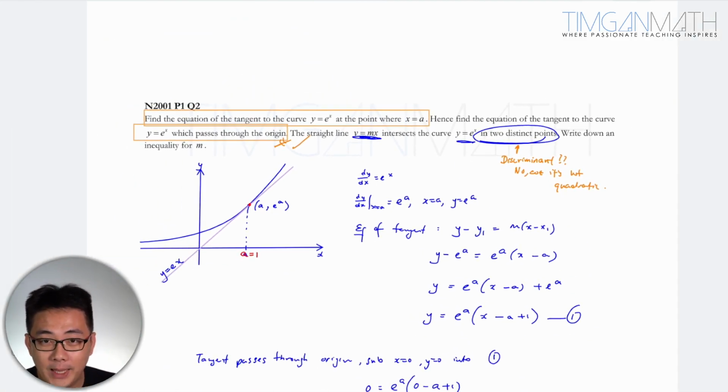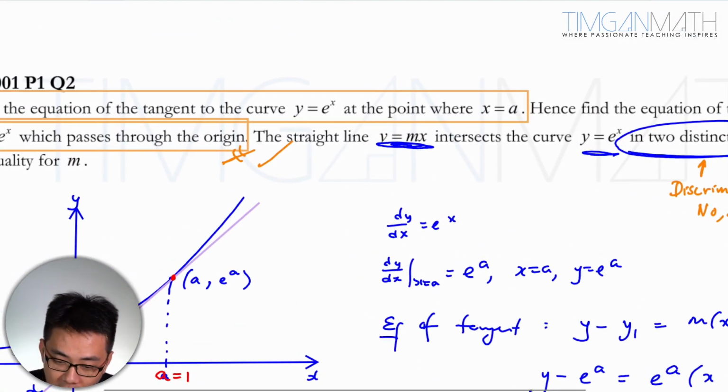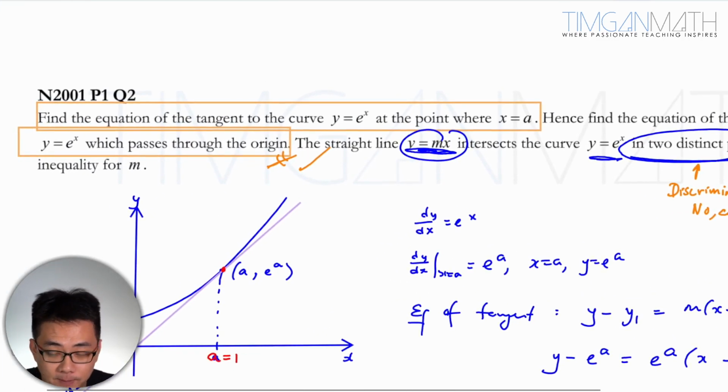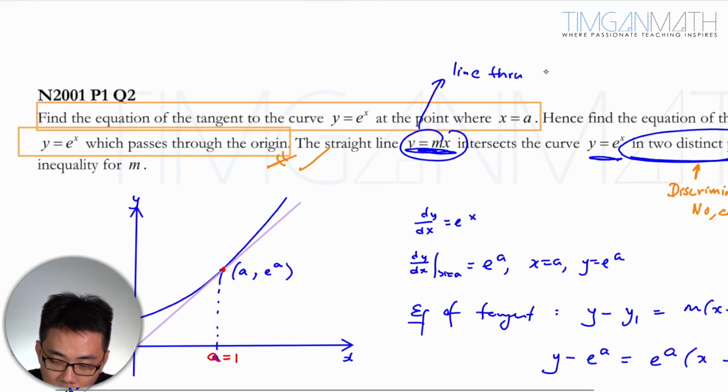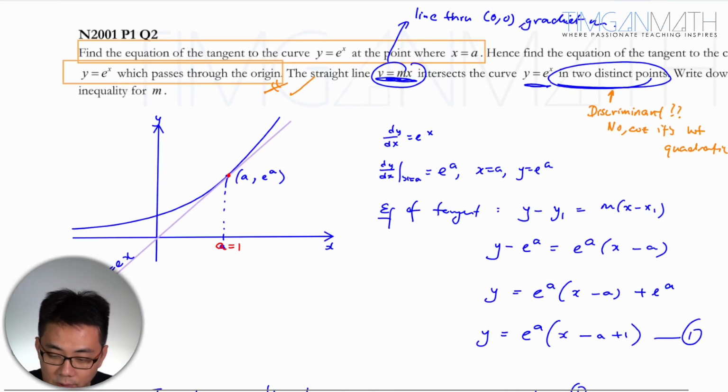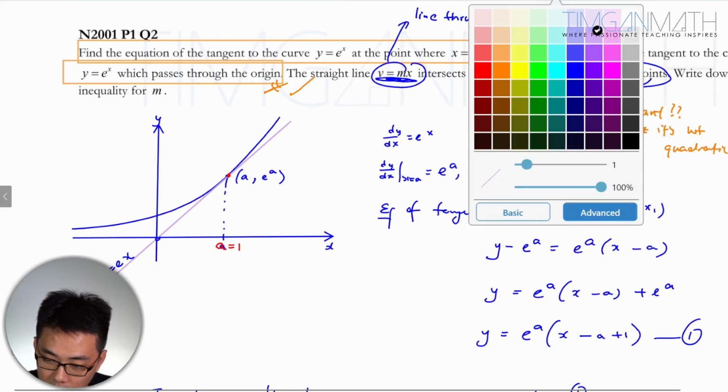Now what it means is this. If a straight line y equals mx intersects a curve at two distinct points, what is y equals mx? It is a line through the origin with gradient m, right? So in other words, you are looking at this line which pivots about here.